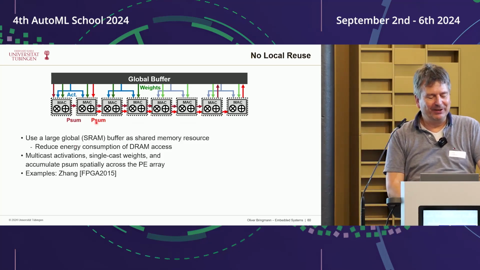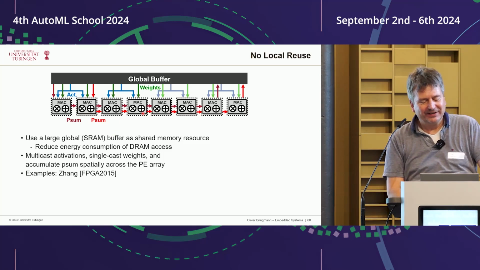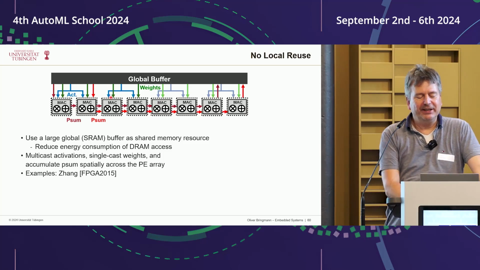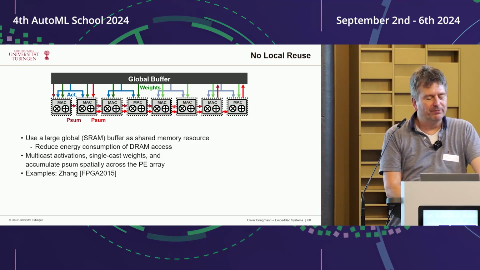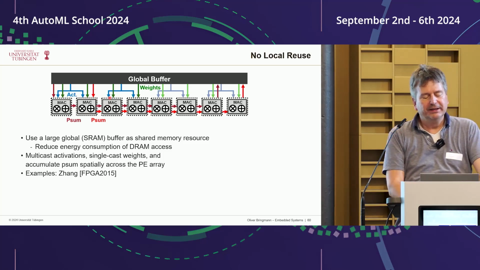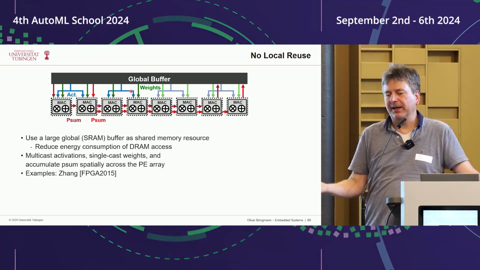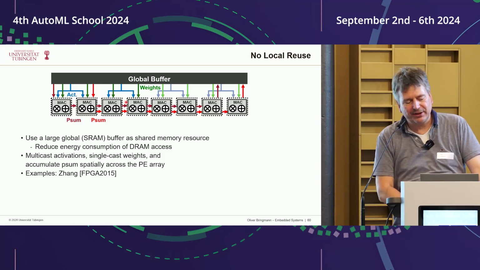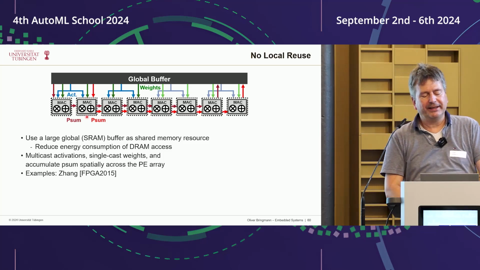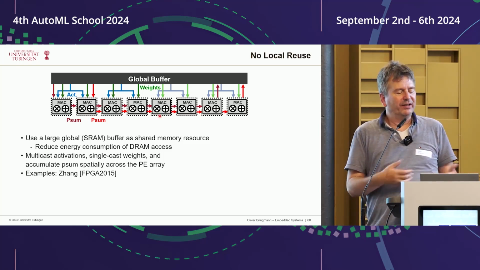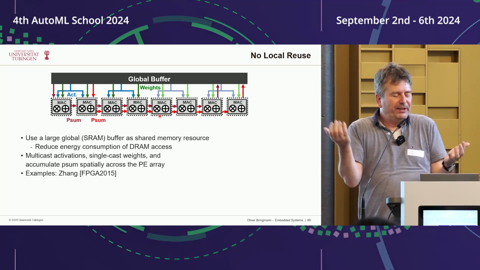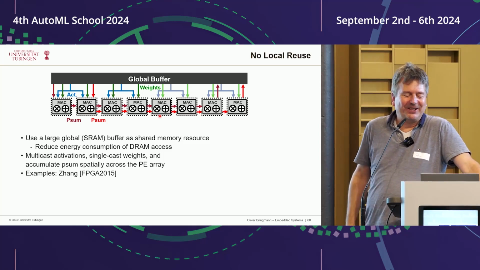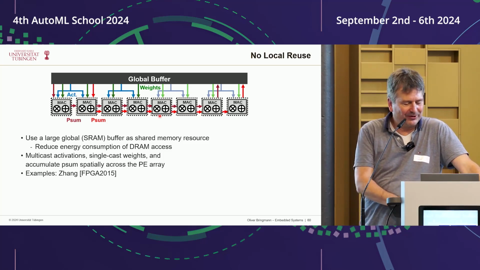Then probably you will have different weights, and at each processing element you will sometimes have the same input activation, sometimes not. You will sometimes have the same partial sums to be propagated, sometimes another one. It's completely useless to consider the no local reuse approach.